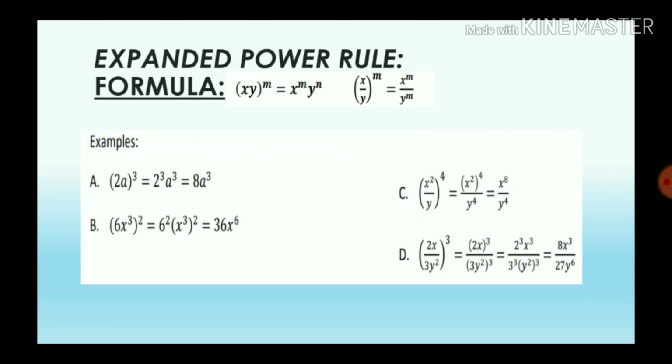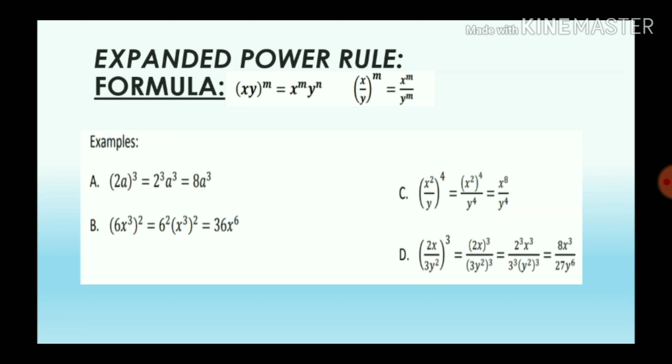A. 2a to the power of 3 is equal to 2 to the power of 3, a to the power of 3, is equal to 8a to the power of 3. You just need to identify first, distribute, and you will have the answer.